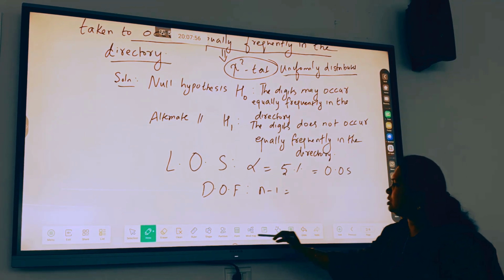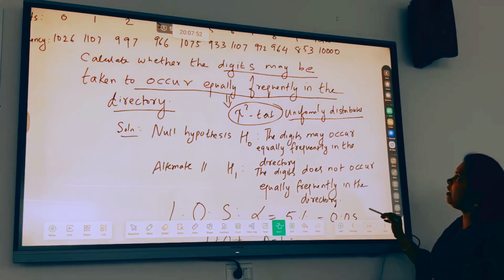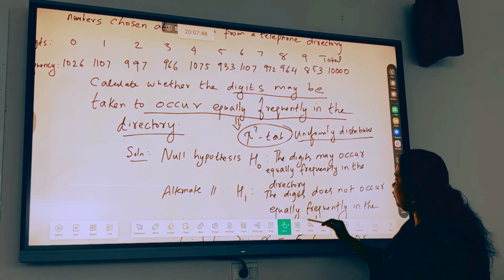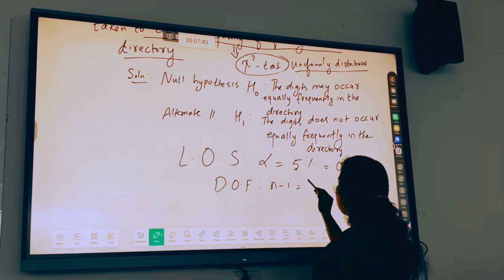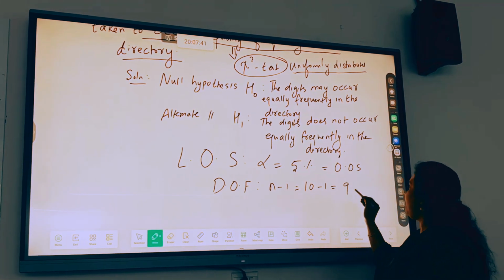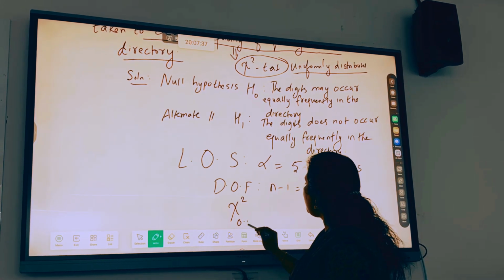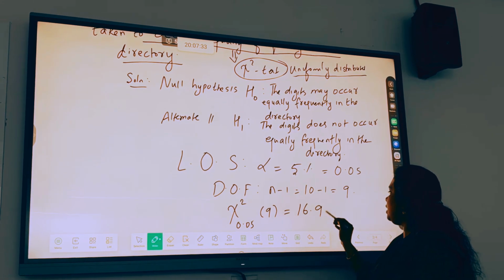Now if you see here, we are having 10 digits. So the degree of freedom is 10 minus 1, which is 9. So chi-square 0.05 at 9 degrees of freedom is 16.99.